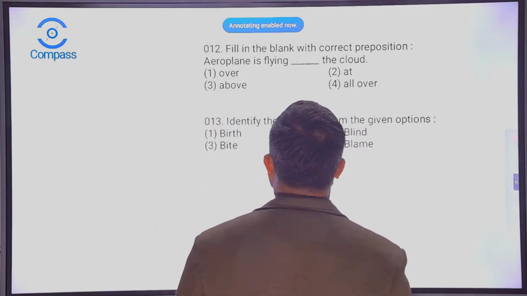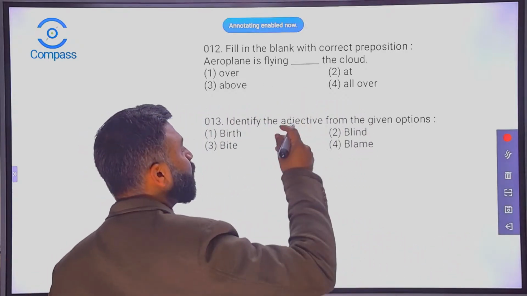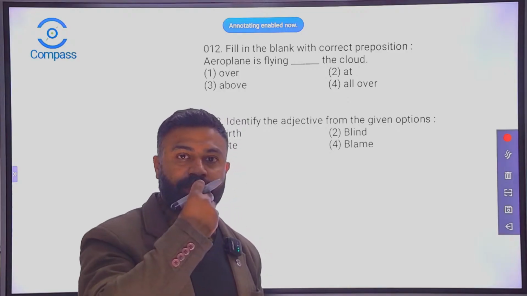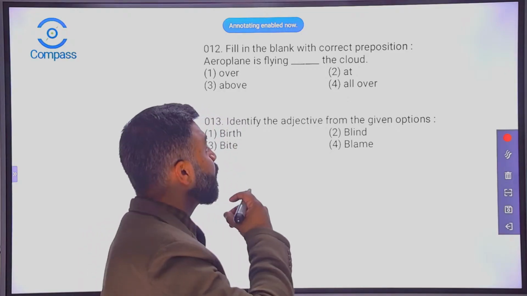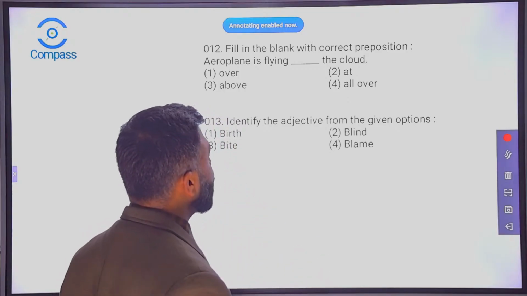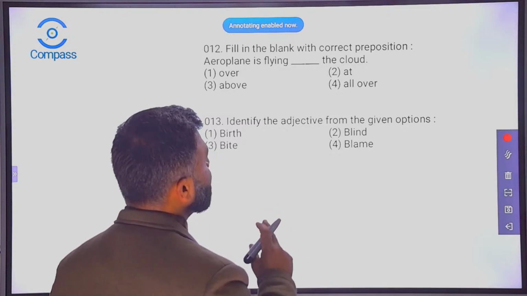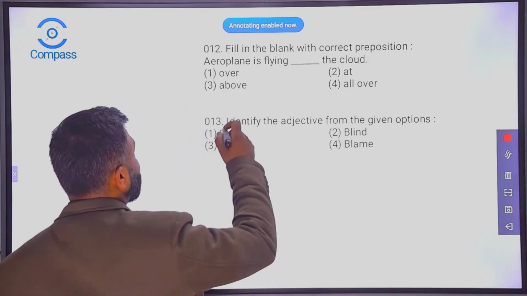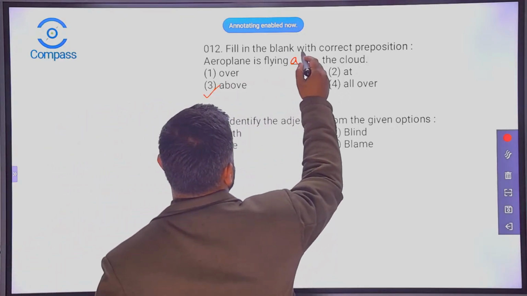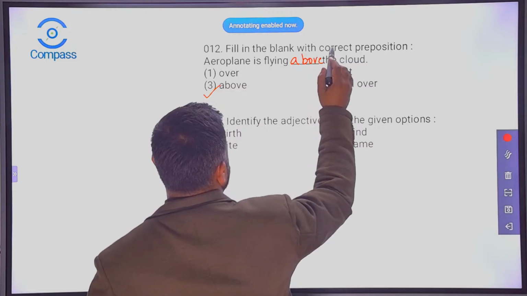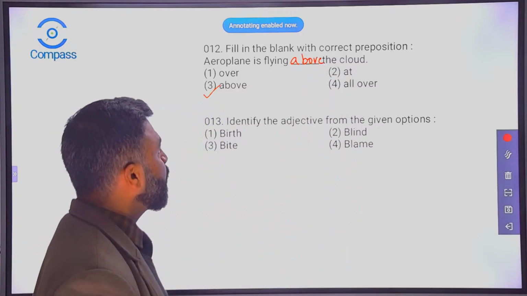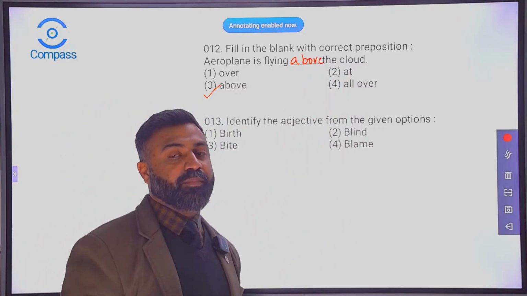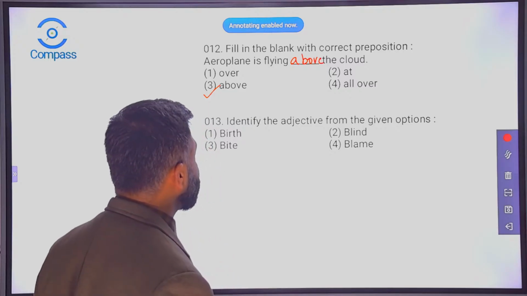Let's see. Okay, over the cloud? No, it cannot be over the cloud. At the cloud? No. Aeroplane is flying all over the cloud? No. Above the cloud. So that should be the right preposition here. Aeroplane is flying above the cloud. So that's the right answer.